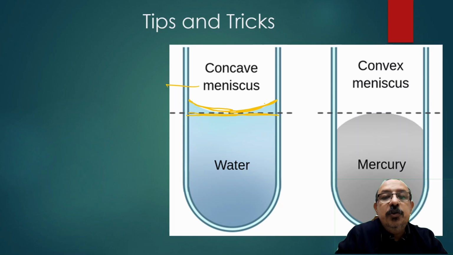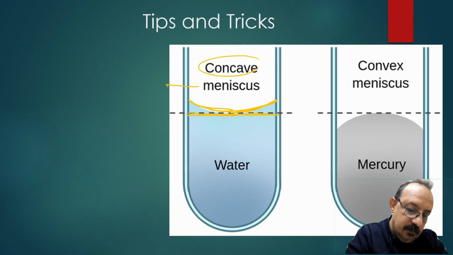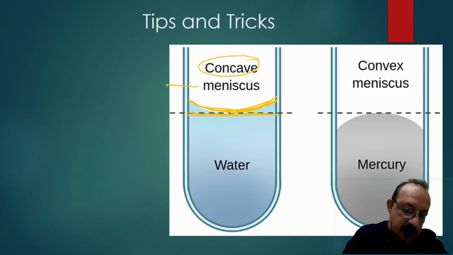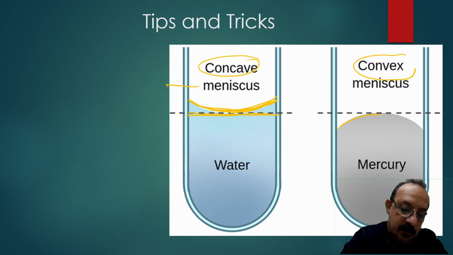And there are actually two types of meniscus. One of them is concave, and how does it look? It is bent or curved inside. It is curved to the inside. We also have convex meniscus, and the convex meniscus is curved on the outside.